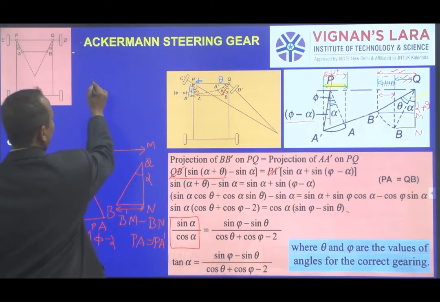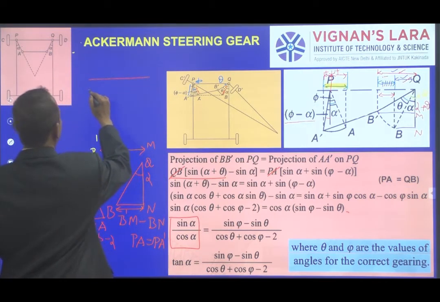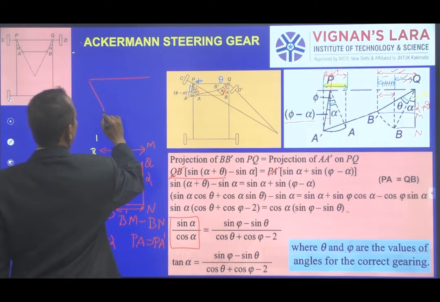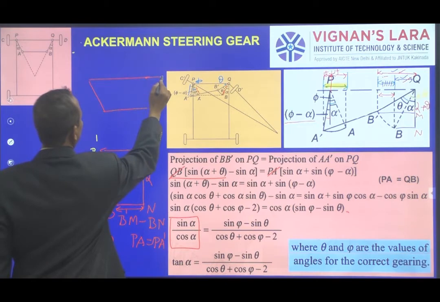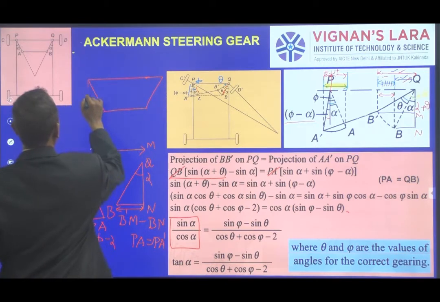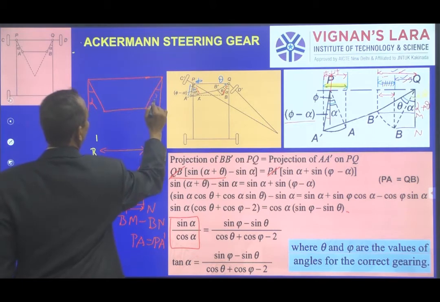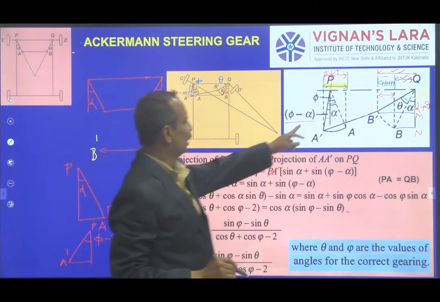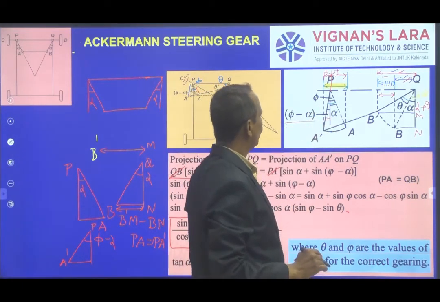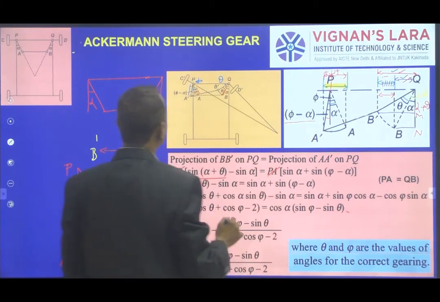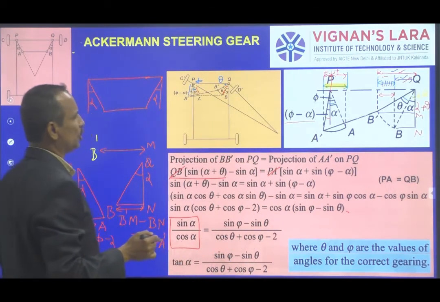so you can take one mechanism, initially like this, which is making an angle of alpha. That is the basic mechanism. Then you shift it to a new position.